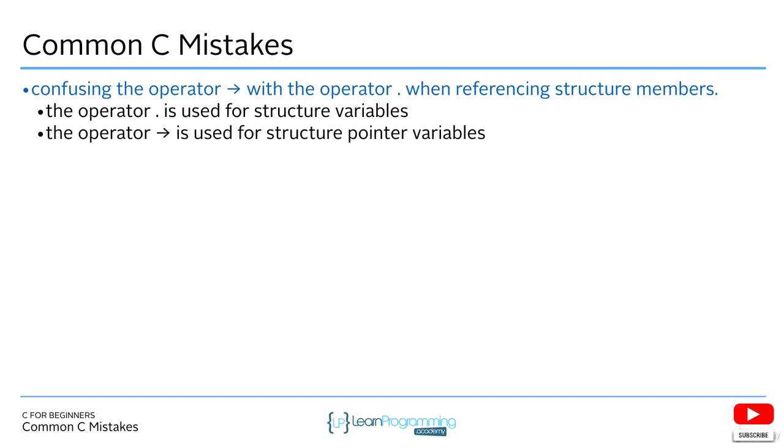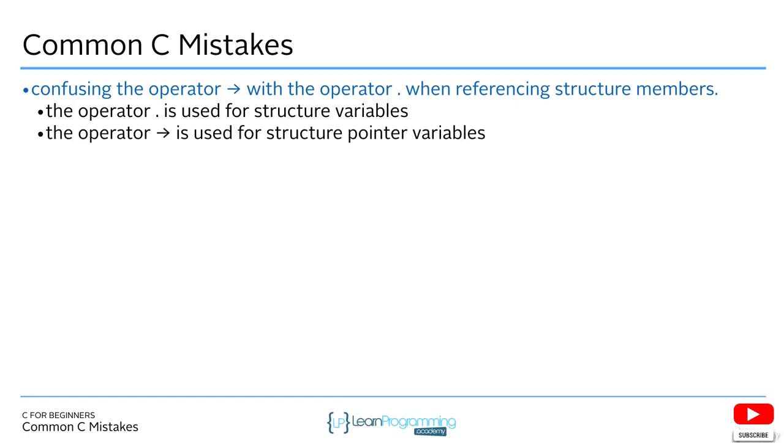In pointers, when you want to access, or even in a struct, when you want to access something by a pointer, you have to use the dash greater than symbol. That's used when you're accessing a pointer element. All right, so if you have a pointer that's pointing to a structure, that's how you access it.